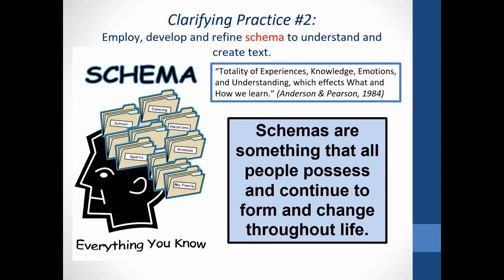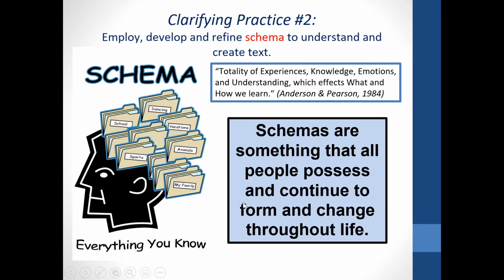So in clarifying what practice number 2 is asking us to do with our students, we have to remember to scaffold that process and teach them how to do that prior to giving them a timed or untimed written response. Always go back and remind students how, no matter what they're given to read or to write about, to make a connection. First thing, go back and make a connection to what you already know.